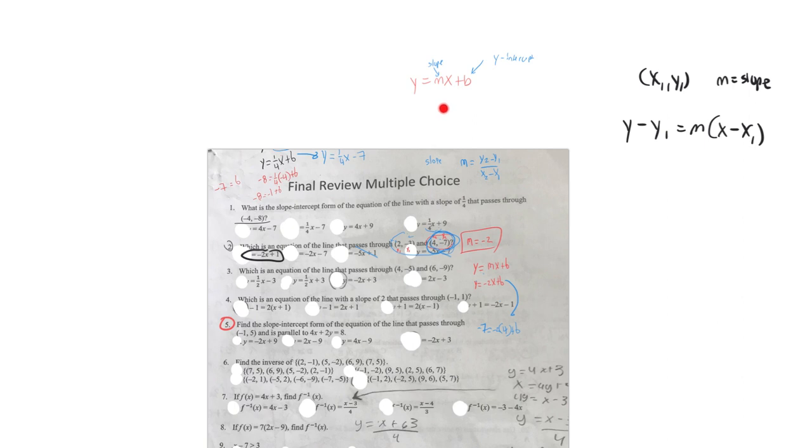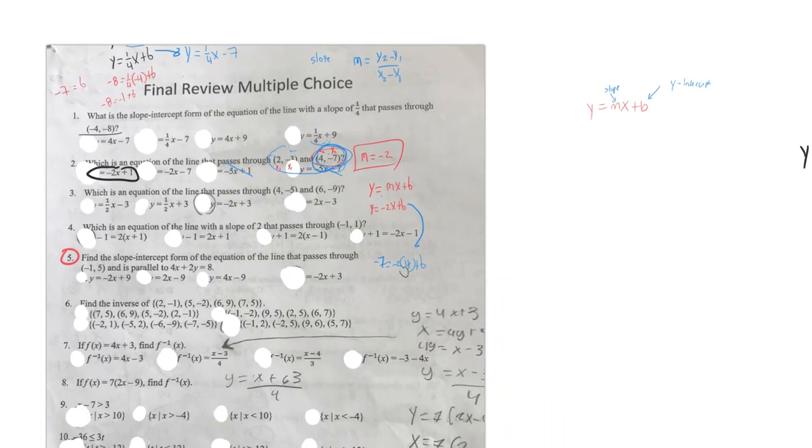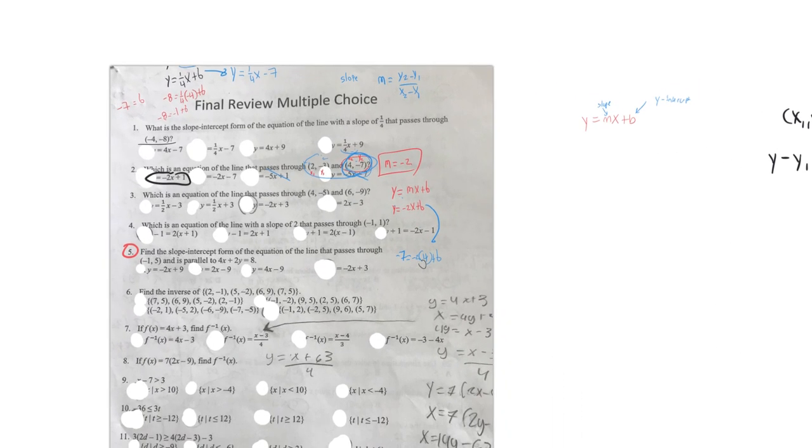The problem is we don't have either, but we're going to find the slope first. The way we're going to find the slope is to use this clue they gave us. They said that the line we're focused on is parallel to this other line of 4x plus 2y. What that means is our line has the exact same slope as this line.